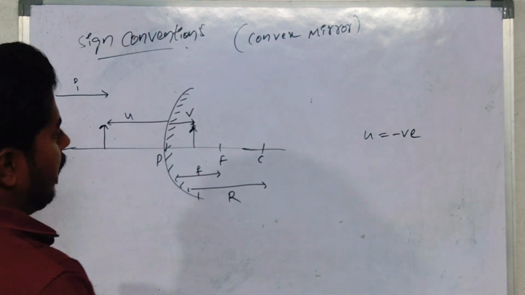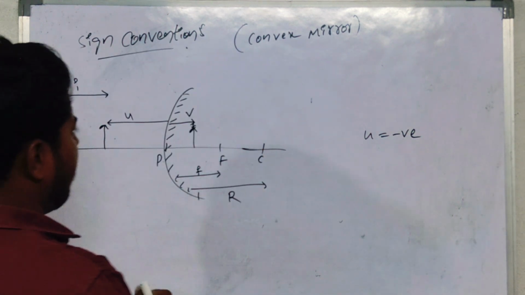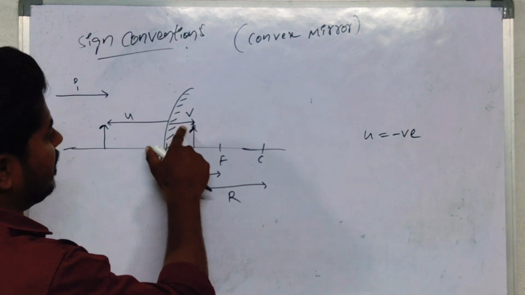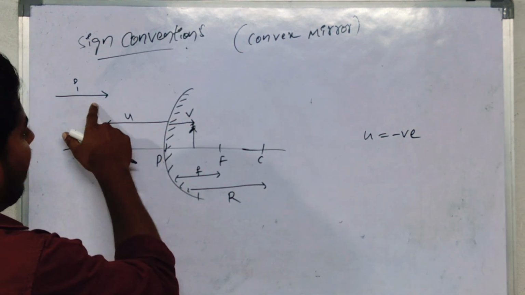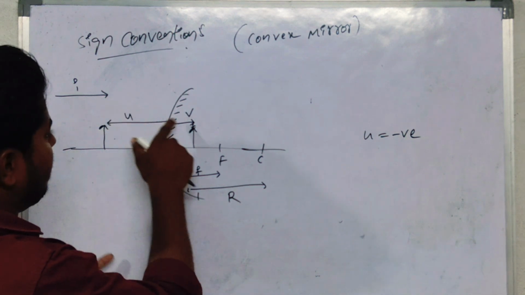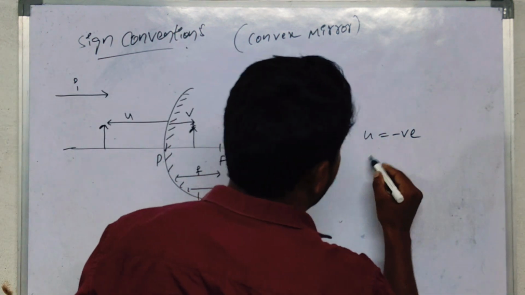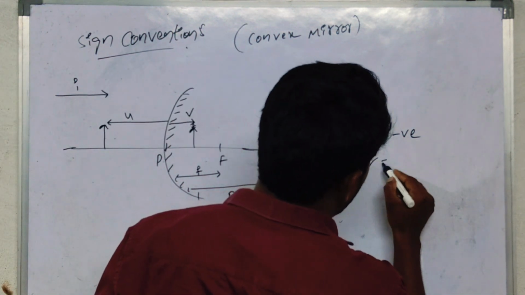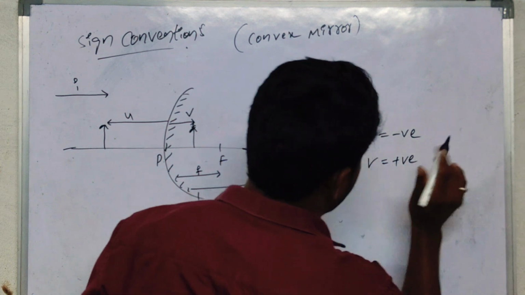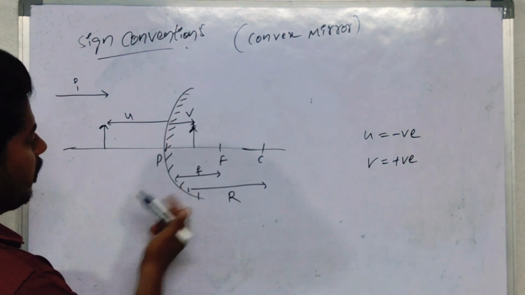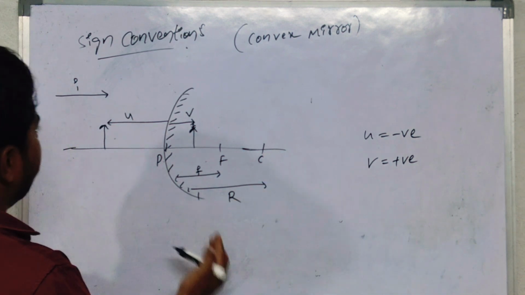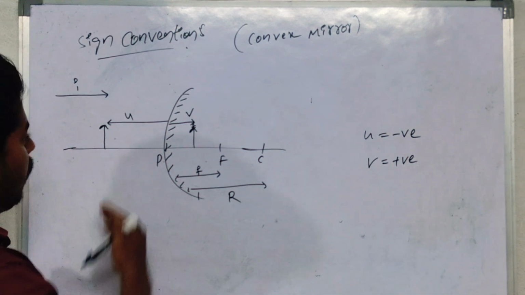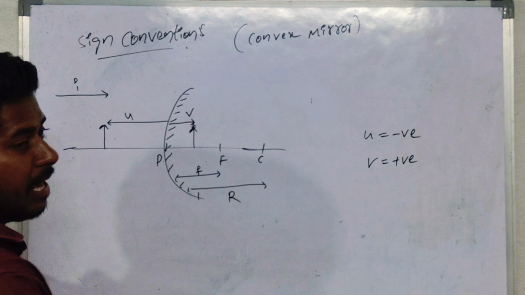Now come to the image distance. The direction of the image distance is towards right and the direction of the incident ray is towards right. Both are in the same direction. Then consider v positive. Now come to the focal length. The direction of the focal length is towards right and the direction of the incident ray is towards right, both in the same direction.